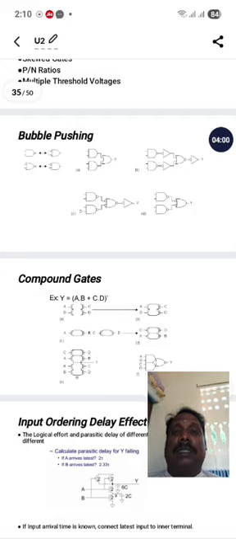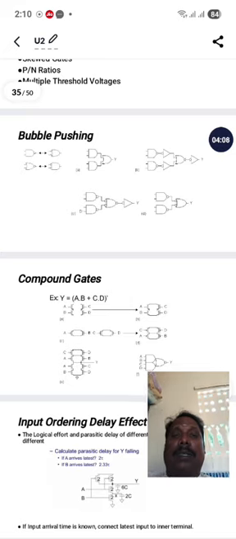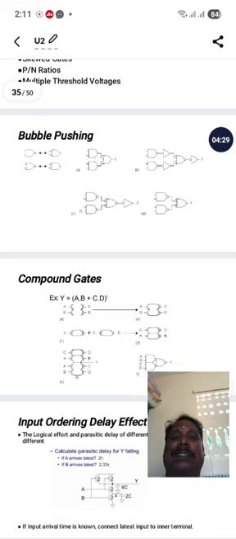I'm putting it in a reverse way, with an inverter towards the NAND gate and also an inverter at the output of the NOR gate. Finally, taking out the bubbles with the help of the left side diagram, I get the diagram like this. So this is bubble pushing, in which the transformation of the circuit diagram is done in a static manner.